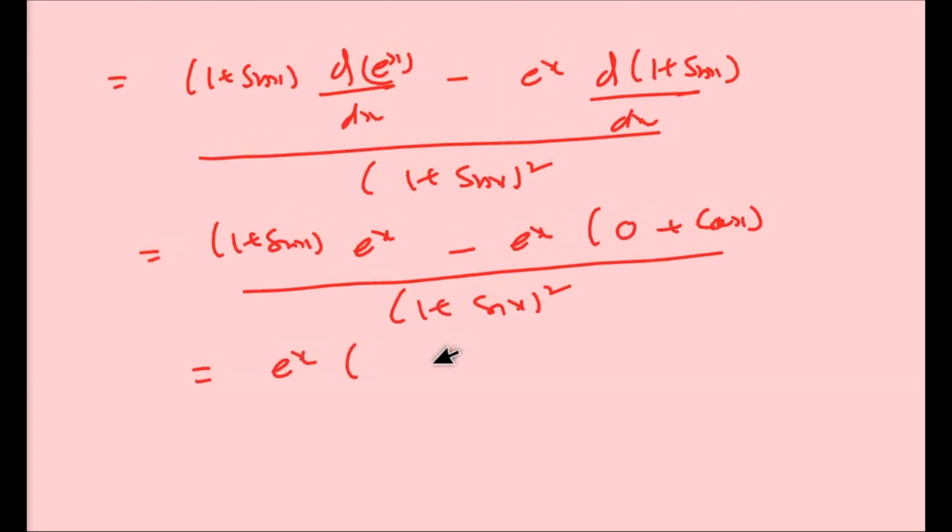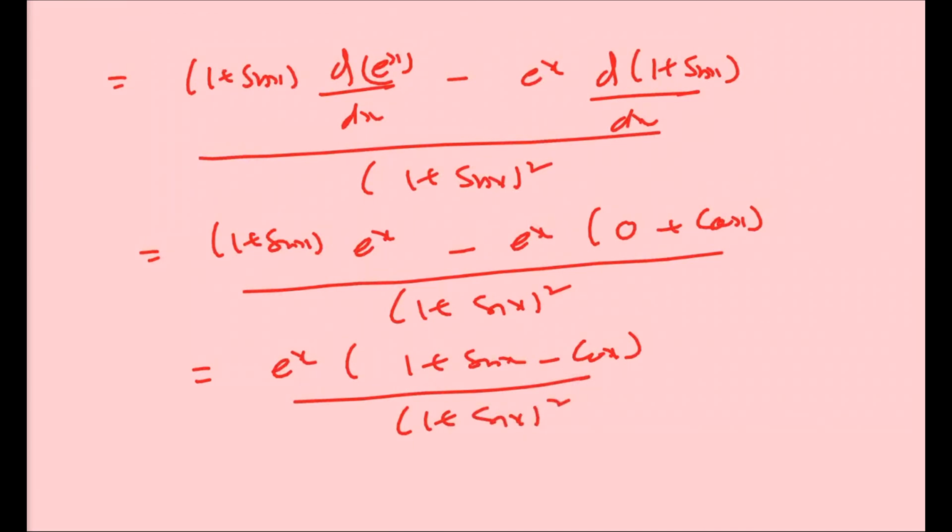This is your answer, but you can simplify further: e to the power x into 1 plus sine x minus cos x, upon 1 plus sine x whole square. So it will be more simplified; otherwise this is your required answer. In proving questions, you have to simplify up to what you have to prove, but not here.